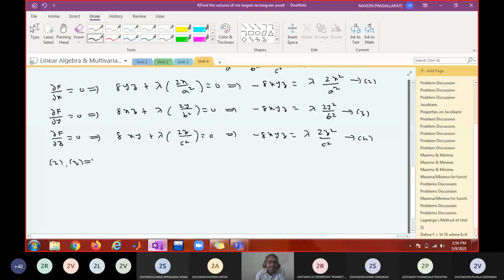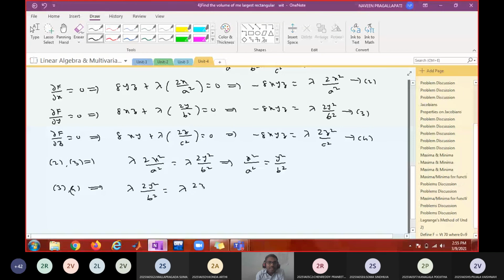2 and 3 imply lambda into 2x square by a square equal to lambda into 2y square by b square. This implies x square by a square is equal to y square by b square. Similarly, if you equate 3 and 4, y square by b square is equal to z square by c square.